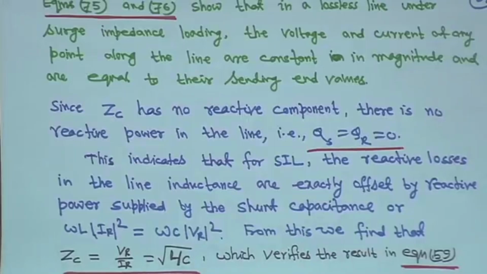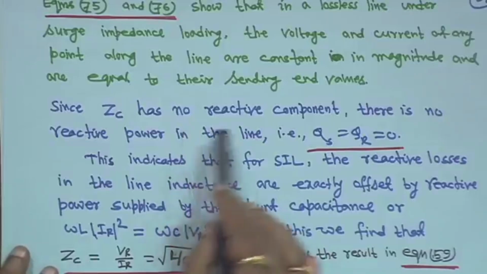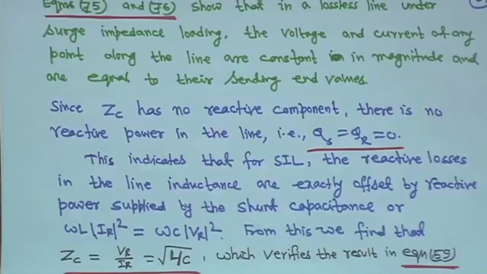Since ZC has no reactive component, as we have seen ZC is equal to root over L by C, in the line Qs is equal to Qr is equal to 0 under this condition. So, this indicates that for surge impedance loading, the reactive losses in the line inductance are exactly offset by the reactive power supplied by the shunt capacitance, that is the charging capacitance.